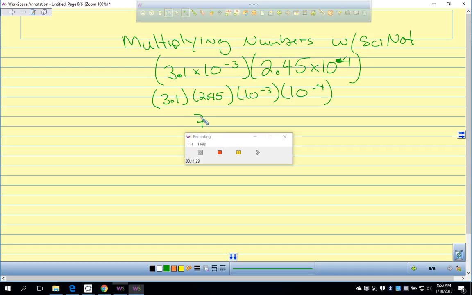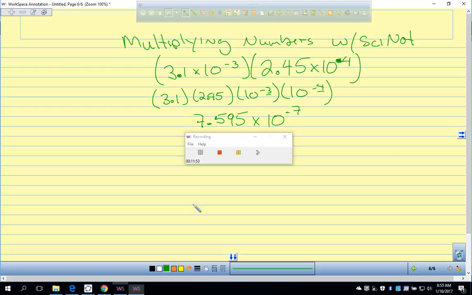You get 7.595 times 10 to the what power? Right? Add these exponents. That's negative 7.